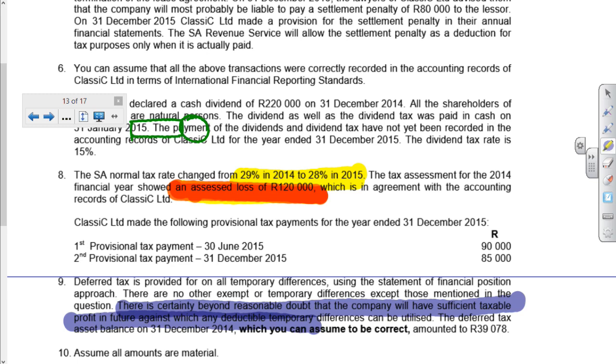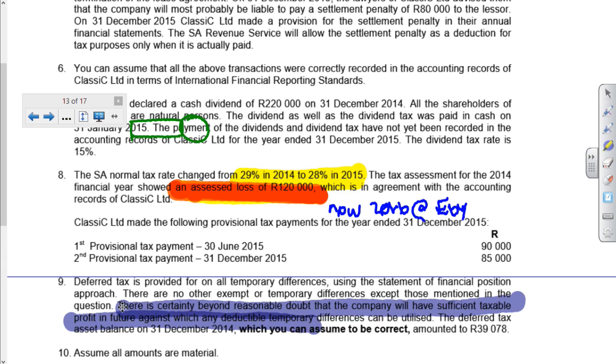So that assessed loss is not going to land up in your deferred tax at end of year because we've already used it. So if we landed up with a deferred tax asset, that's telling you that it's okay. But I don't know if we will land up with a deferred tax balance. What I do know is that this assessed loss is last year's assessed loss, and we used it in this year's tax calc. So at the end of this year, that balance is now 0.